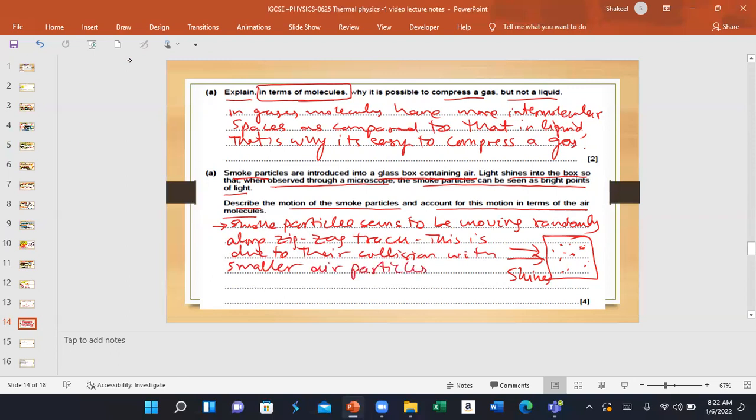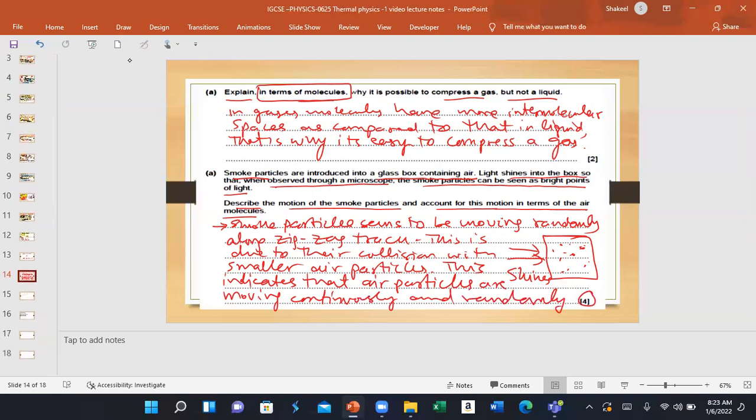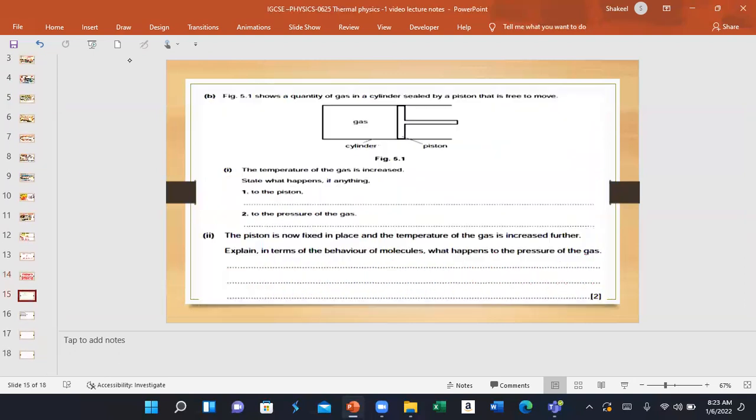This indicates that air particles are moving continuously and randomly. So that's a 4-mark description. And this is actually about Brownian motion.